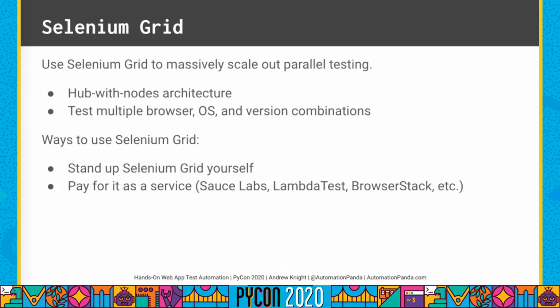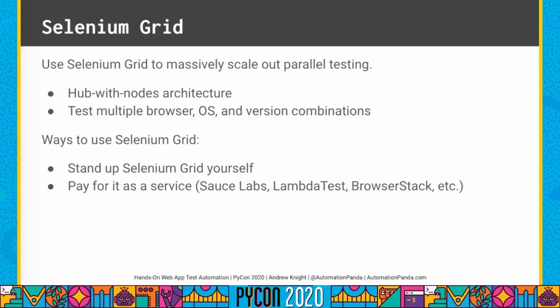A grid has one hub that receives all requests and multiple nodes with different browsers, operating systems, and versions. Automation can request a session with specific criteria from the hub, and the hub will allocate an available session from its nodes. Selenium Grid enables not only parallel testing, but also multi-config testing.